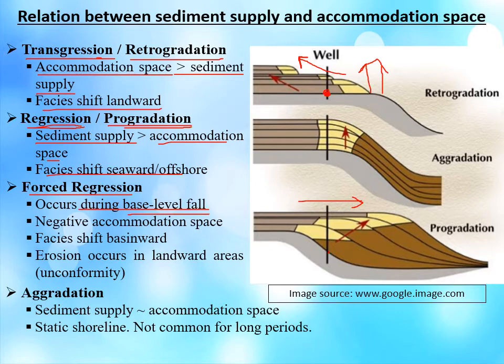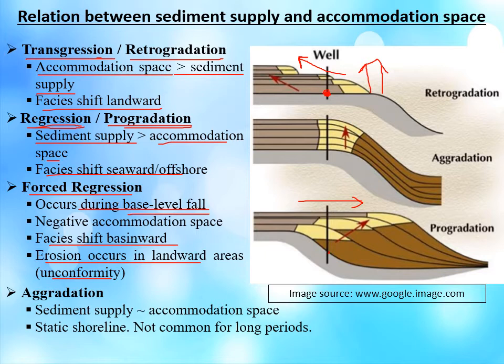Here not only do facies shift basinward, unlike normal transgression where facies shift landward, but in the shallower, landward portion, these areas are now exposed to subaerial activity, so those areas suffer erosion. That means some kind of unconformity will be found in these areas.